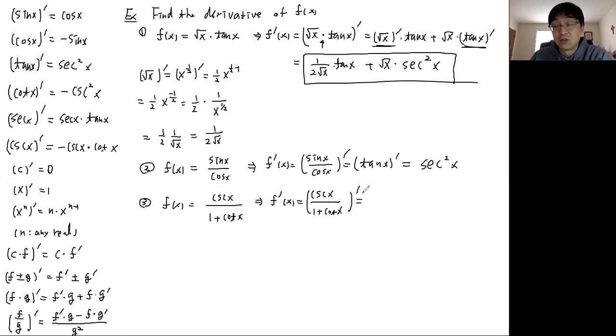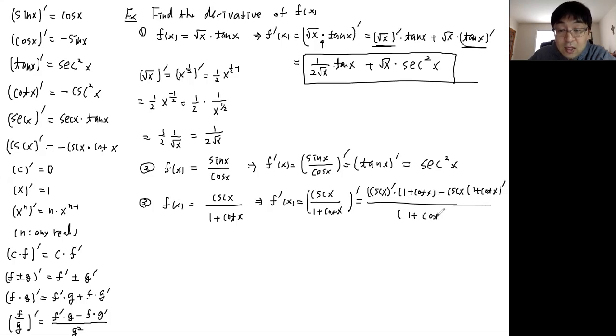You can use the quotient rule here. We have the top function cosecant x prime times 1 plus cotangent x, minus cosecant x times 1 plus cotangent x prime, over the bottom squared, 1 plus cotangent x squared.